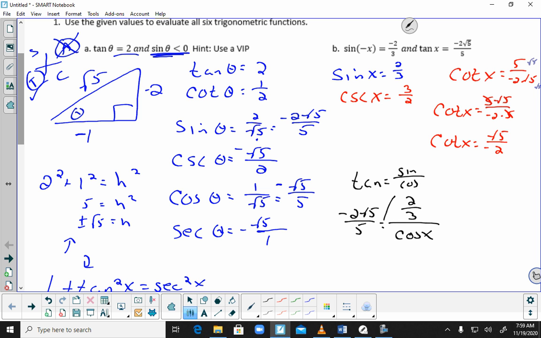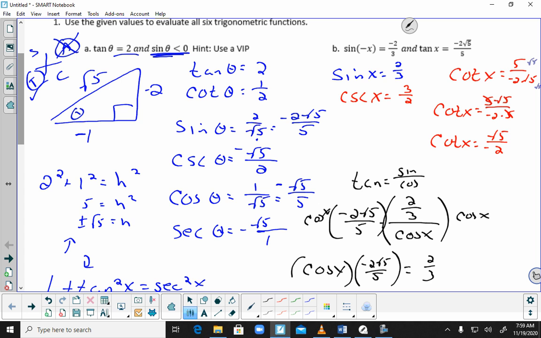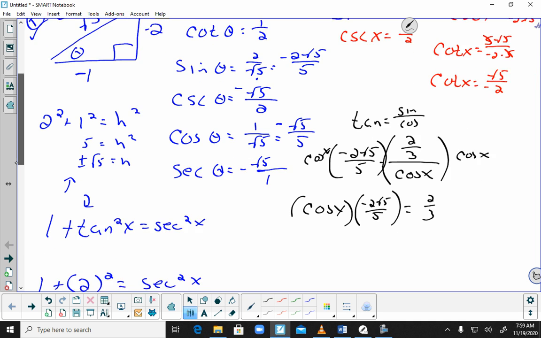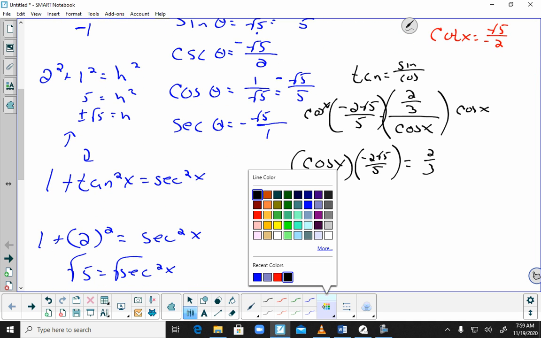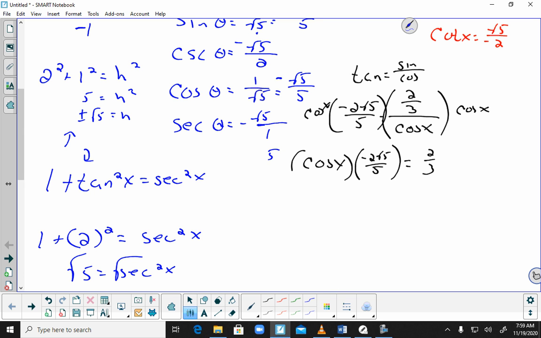Multiply both sides by cosine x. So I'm going to have the cosine of x times this negative 2 square roots of 5 over 5, and that's equal to 2/3. I'm going to either divide by negative 2 square roots of 5 over 5 or multiply by the reciprocal. I'm choosing to multiply by the reciprocal because it's easier for me to do up here.